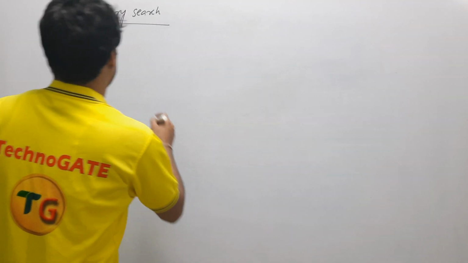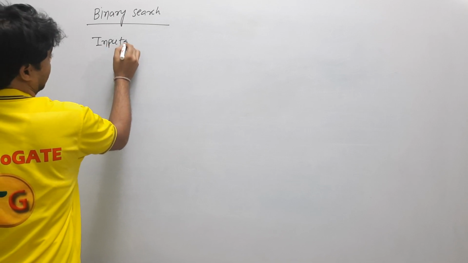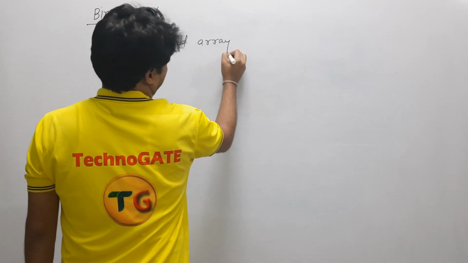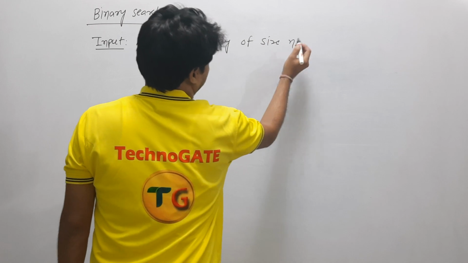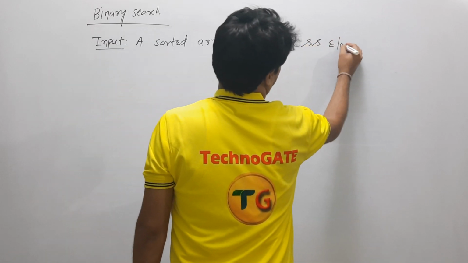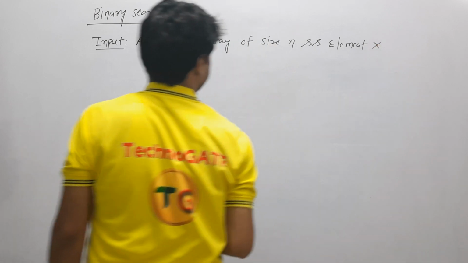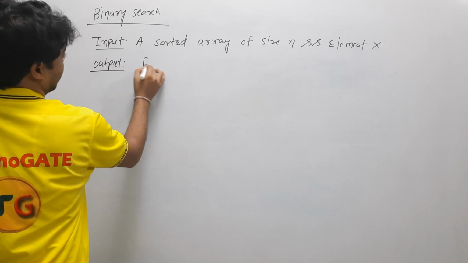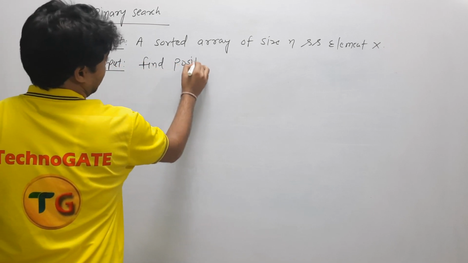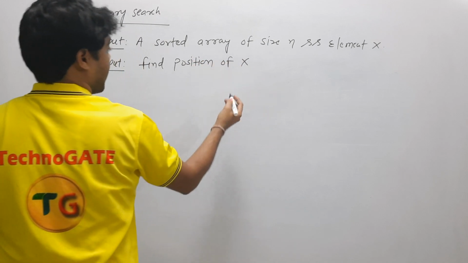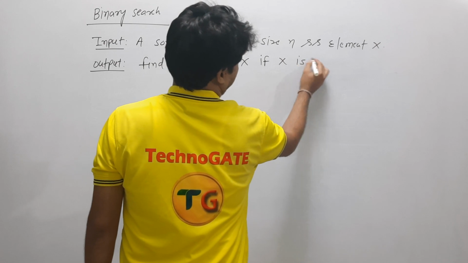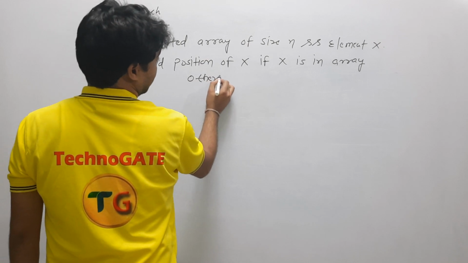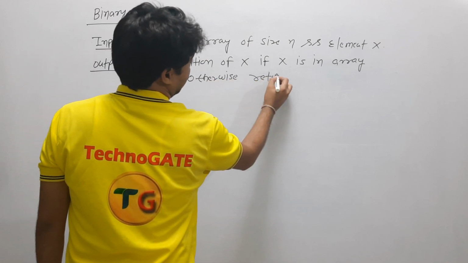So let's check here. Given a sorted array of size n and an element x, the output is: find the position of x if x is in the array, otherwise return -1.